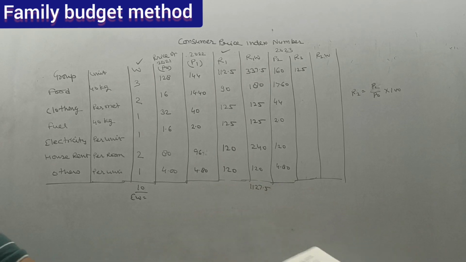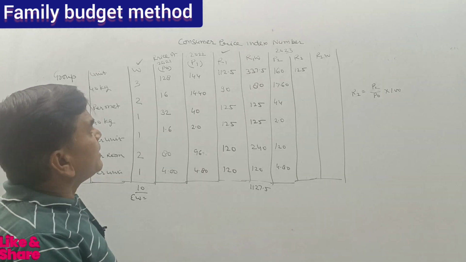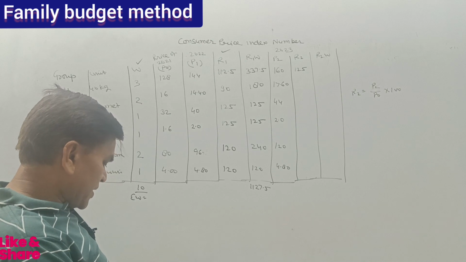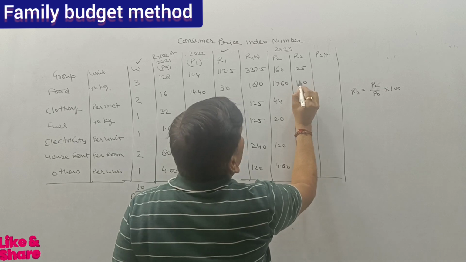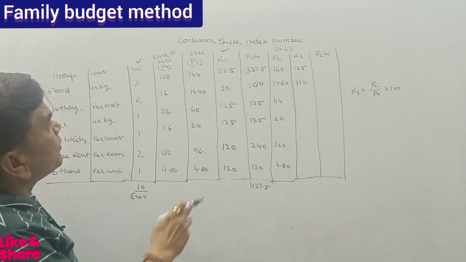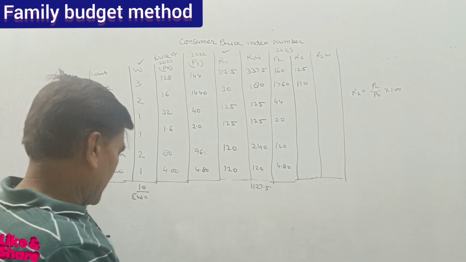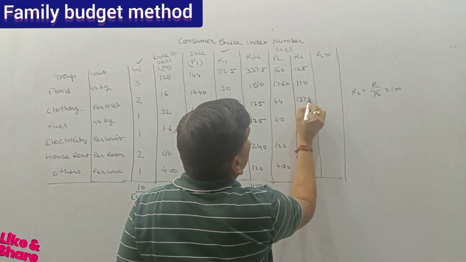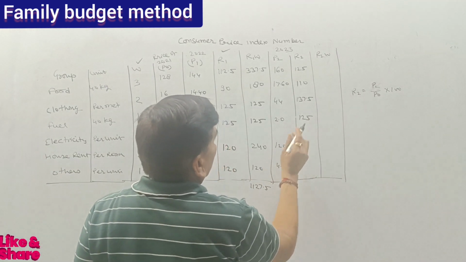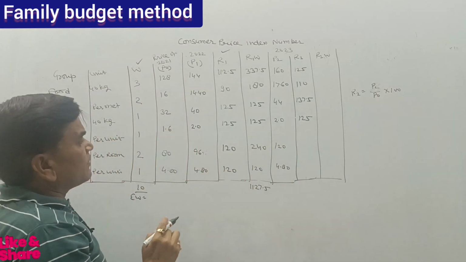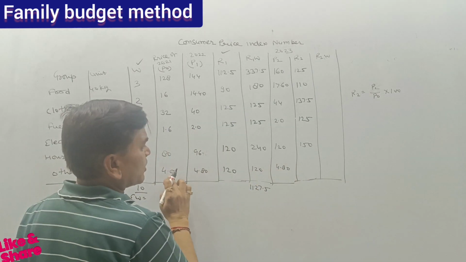Now 17.6 divided by 16, that is 110. Next 44 divided by 32, that is 137.5, and this will be 125. 120 divided by 80, that is 150. 4.8 divided by 4, that is 120.